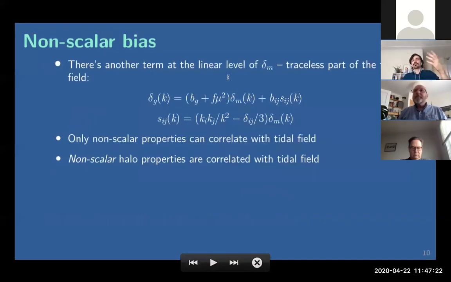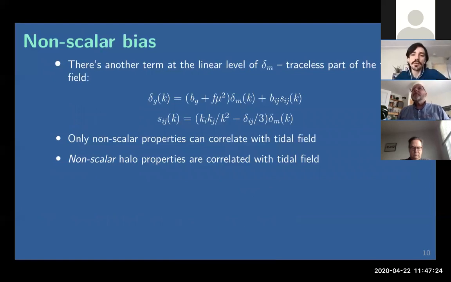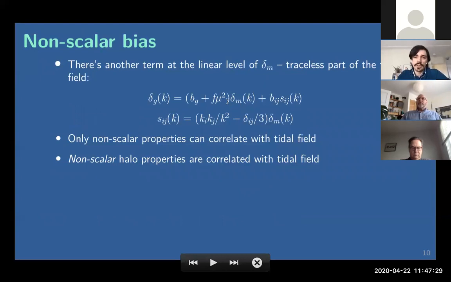Okay. So now I want to move on to this effect that we are looking at. So we didn't consider any non-linear elements of the overdensity field. So this is where we stopped. Basically, we had this bias term, we had the redshift space distortions, but there is another term that is directly proportional to the overdensity field at the linear level, which is the traceless part of the tidal field.